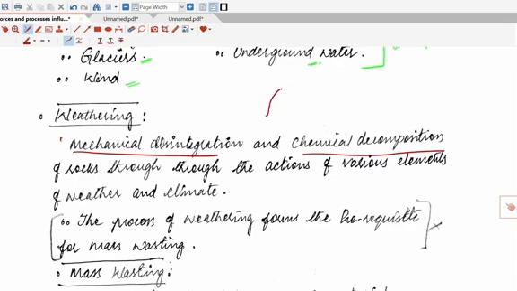See, this is a relief. This is the relief due to mechanical forces, like what we have discussed here.